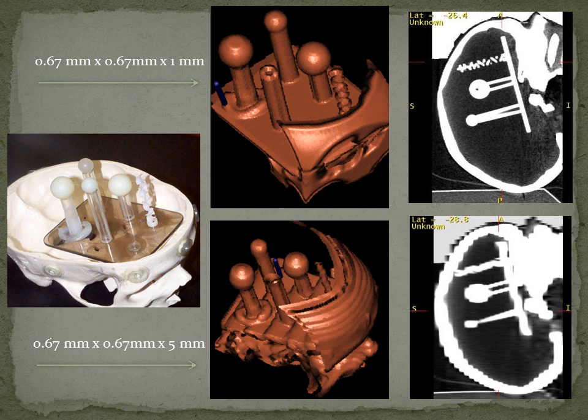This is just a picture to help bring it home. Here's a skull with just some objects in it, just random objects. And here's a nice reconstruction of it with 1 by 1 millimeter scans, 512 matrix, 0.67 in plane, 1 millimeter out of plane resolution. And here's the reconstruction of it in the sagittal plane. You see the objects very, very nicely.